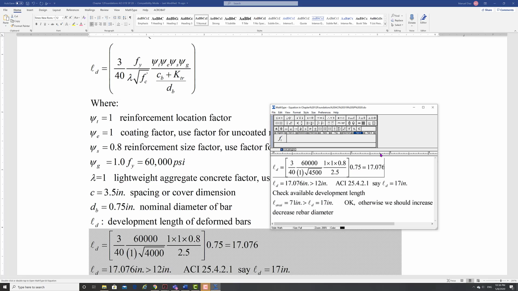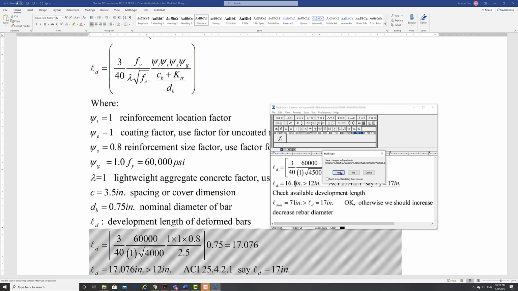So 16.1. All those decimals came out from MathCAD, and you don't need all those decimals. 16.1, so it's greater, so we still can use the 17 inches, so that will not change.